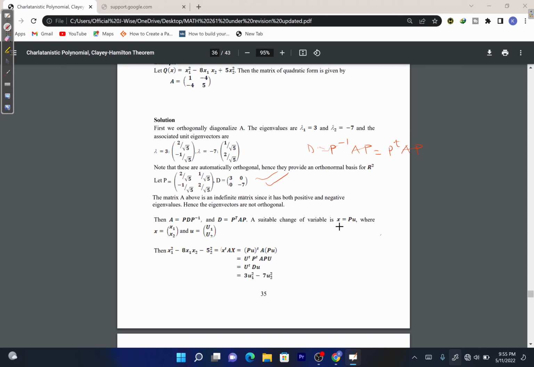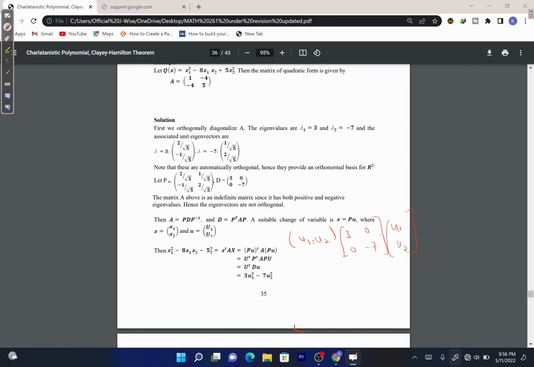Now let's change the variable. We let x equal Pu. When you simplify, you get u transpose Du. We know our u to be (u1, u2) and our D to be 3, 0, 0, -7. So u transpose Du is given by (u1, u2) multiplied by the matrix D, that's 3, 0, 0, -7, then (u1, u2).